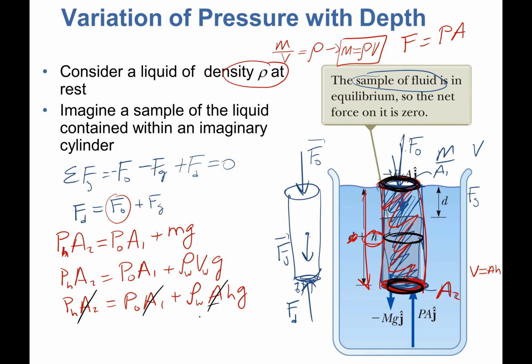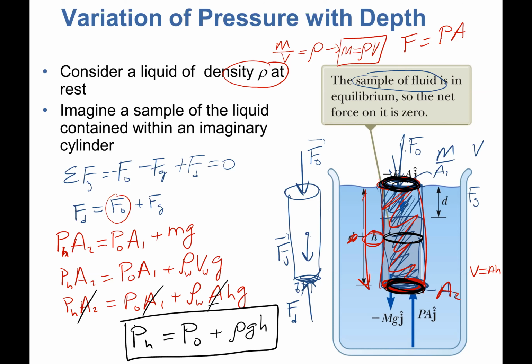And what we end up with is the pressure at this depth H equals atmospheric pressure, which is exerted at the top, plus this rho g h. Because after you cancel the area, you end up with the rho g h. And this is then the equation for the pressure at some depth H.